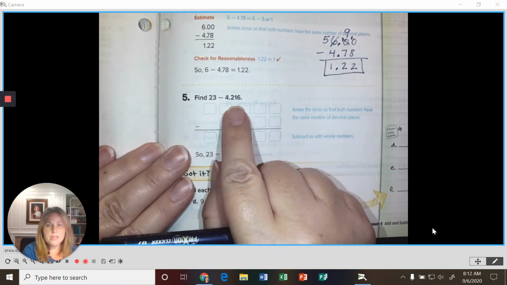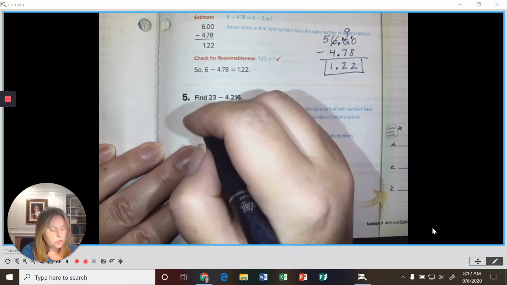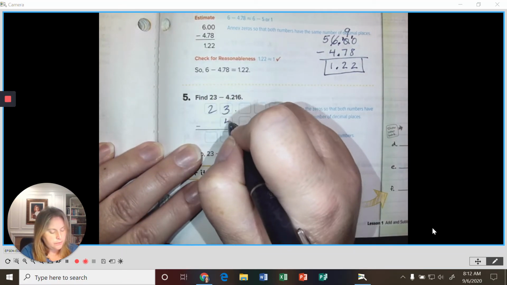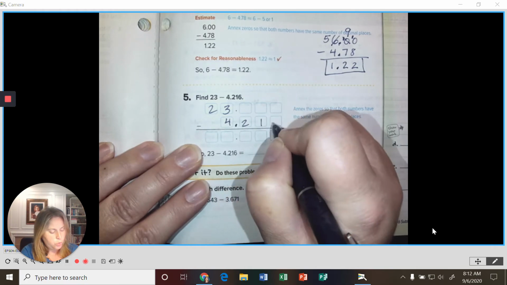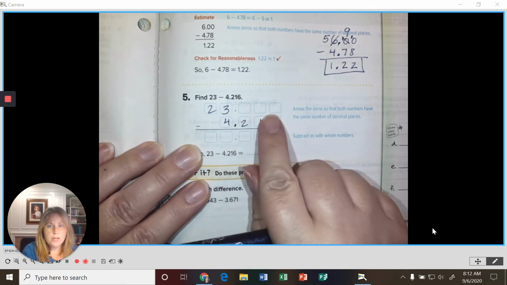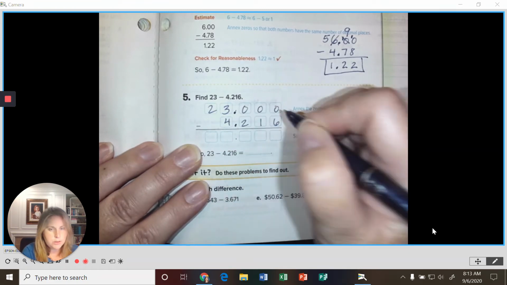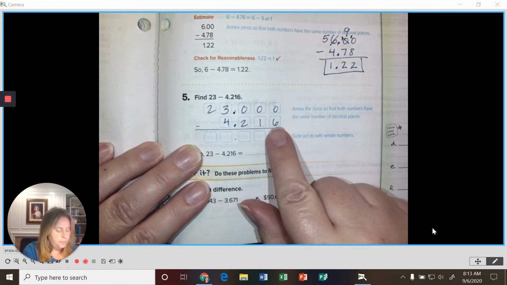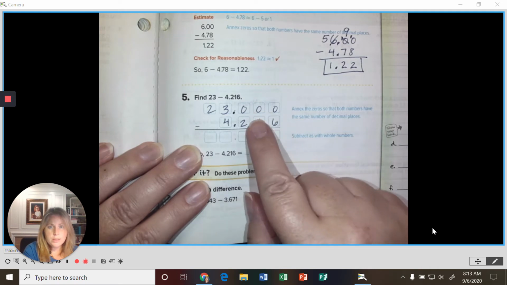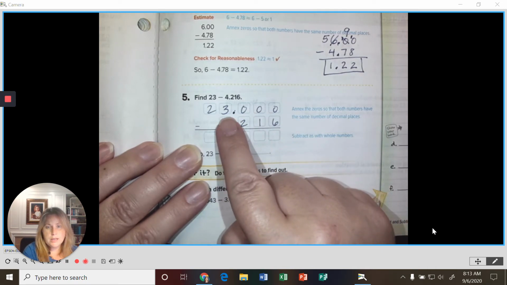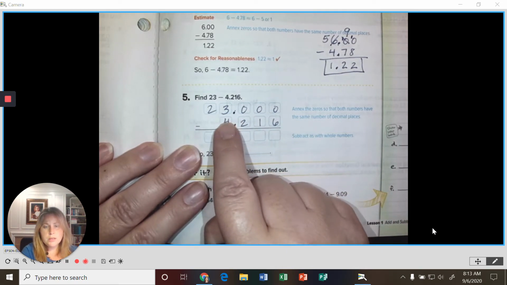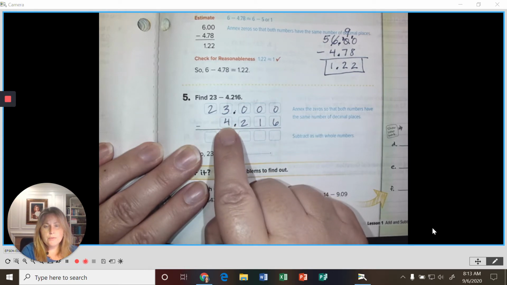Find 23 minus 4.216. So 23 minus 4.216. So I don't have any zeros after the 23. I will need to annex those zeros here. Okay, I can't subtract here or here or here, and then I can't even borrow from the 3 because 3 minus 4 won't work either.